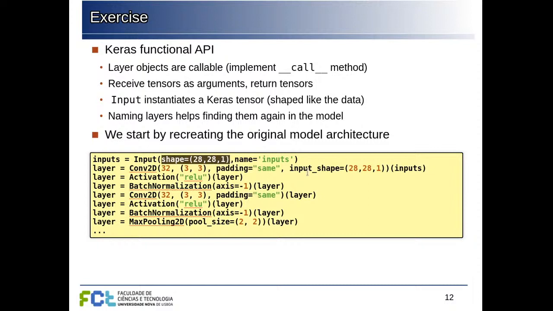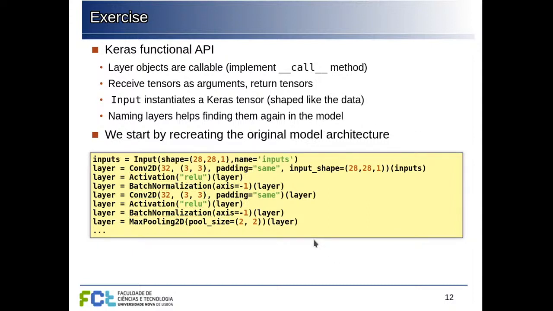In this case, we are dealing with matrices that are 28 by 28 by 1, which are the images for the MNIST data. And it's the same shape that we used for the fashion MNIST classification. And we are going to give a name to this layer. This is useful because then we can go get the layer by name if we want from our model, or we just store that in a variable here.